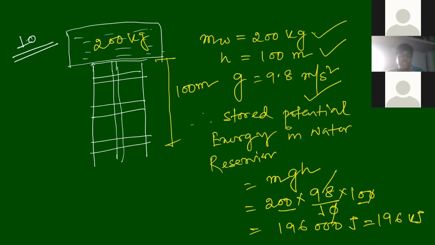It depends upon his mood. If he wants to deduct marks, he can deduct. But if he has some pity on you, he can give you the marks. So it's better to check once whatever answer you have written, see how many zeros there are, and convert it to kilojoule. It should be easier.